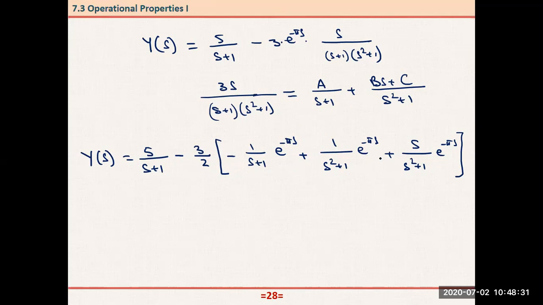But these two things are multiplied by the unit function, and because of e to the power minus pi s, that is the unit function of t minus pi.